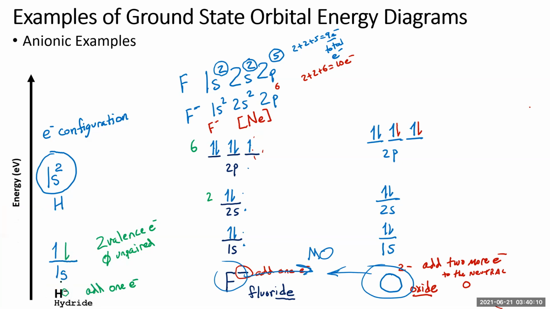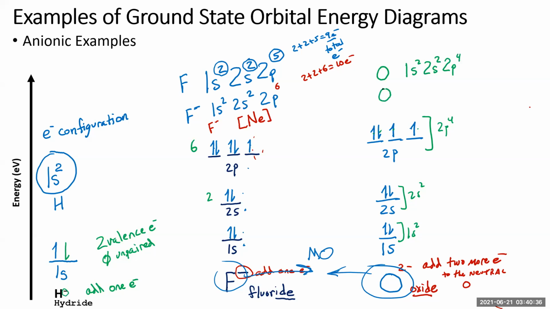So we have oxygen. Again, we have 1s2, we have 2s2, we have 2p. Now, before we add the 2 electrons, let's just do neutral oxygen. We had 2p, 1, 2, 3, 4. So neutral oxygen is 1s2, 2s2, 2p4.